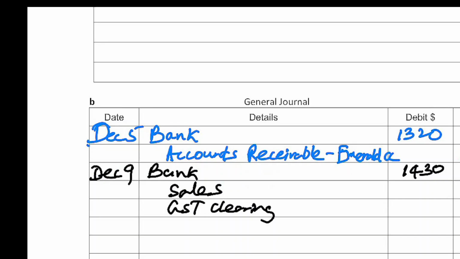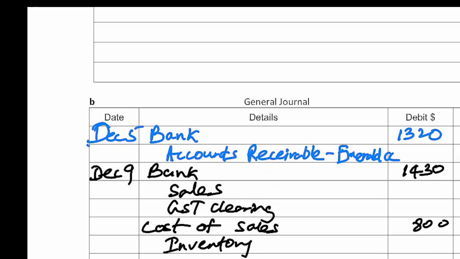Then at the cost price you debit cost of sales 800 and you credit the inventory 800. Any question guys with this? We have done this many times.